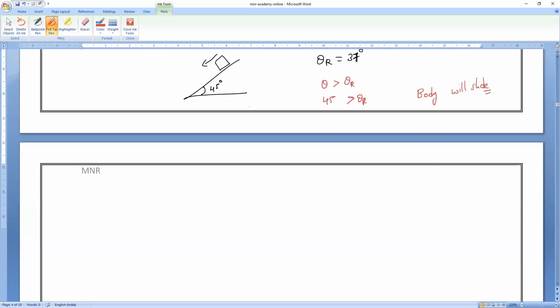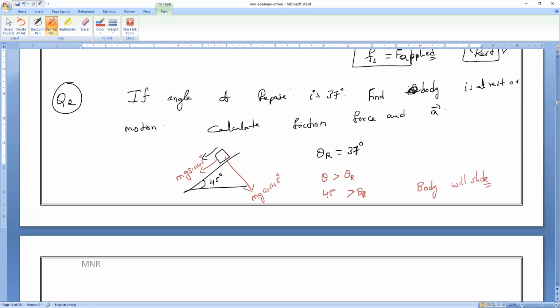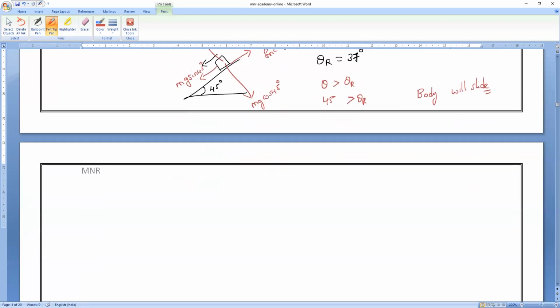When the body starts sliding, there is mg sin 45, and a force perpendicular to that, mg cos 45, acting as normal in the upward direction, and there is a kinetic friction. Sliding means kinetic friction.